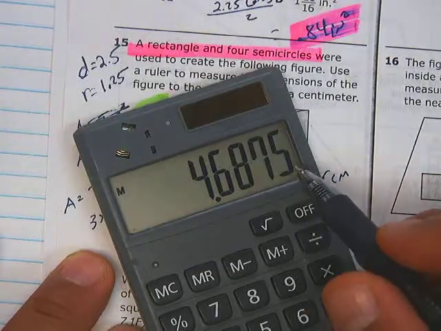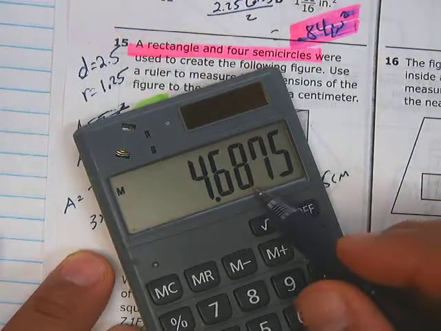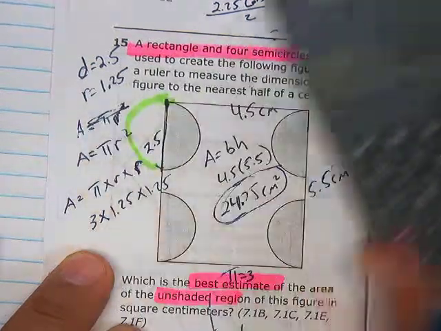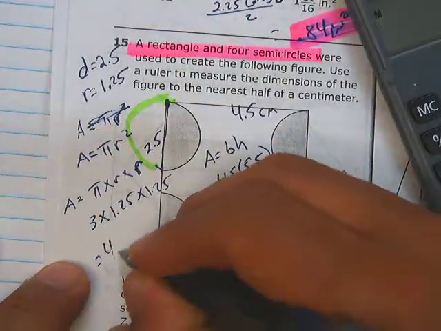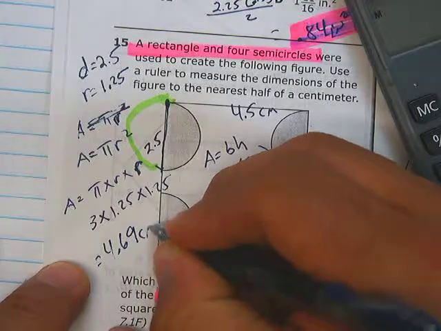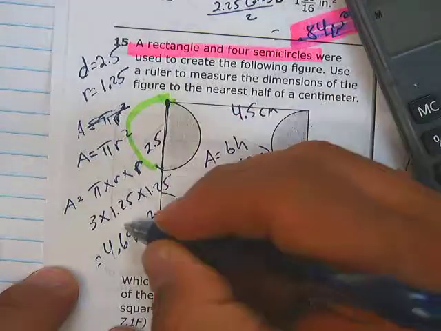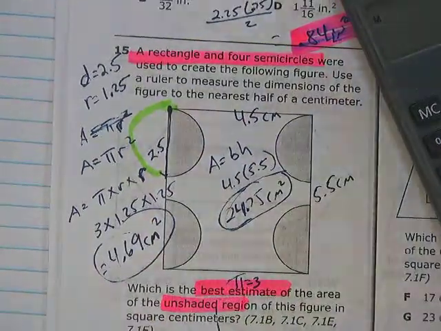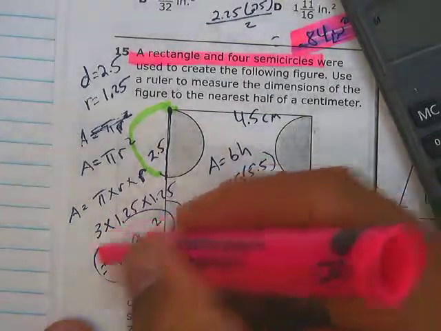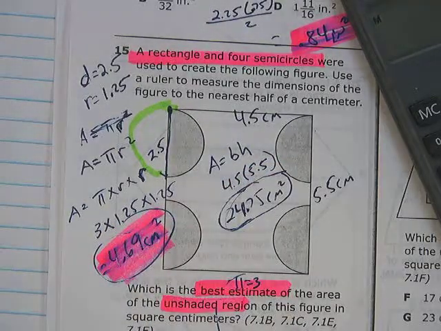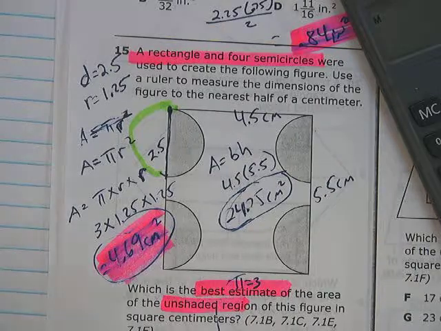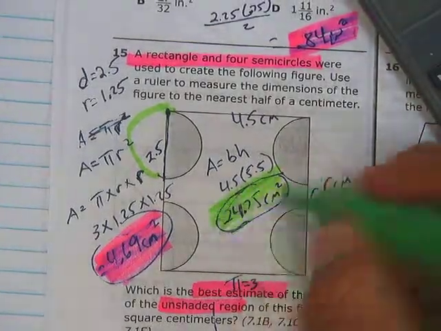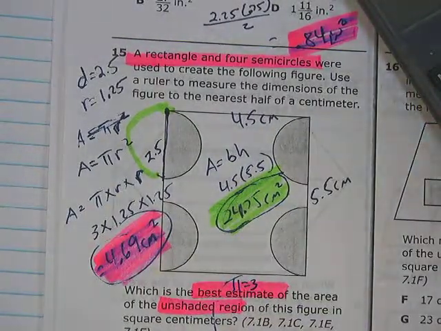That gives me 4.6875. Rounded off to the nearest hundredth, this is going to be 4.69. So this gives 4.69 square centimeters.